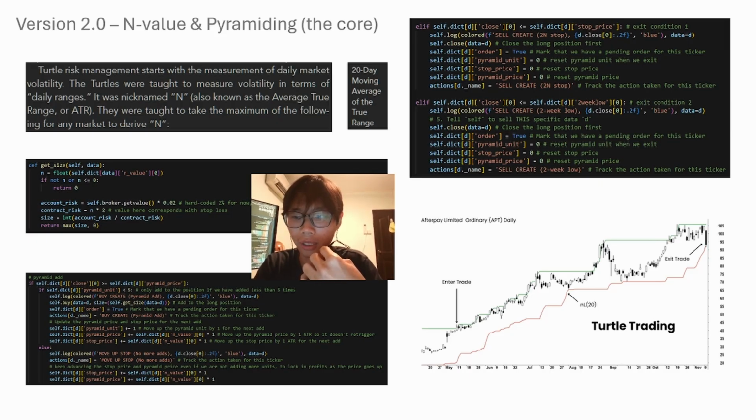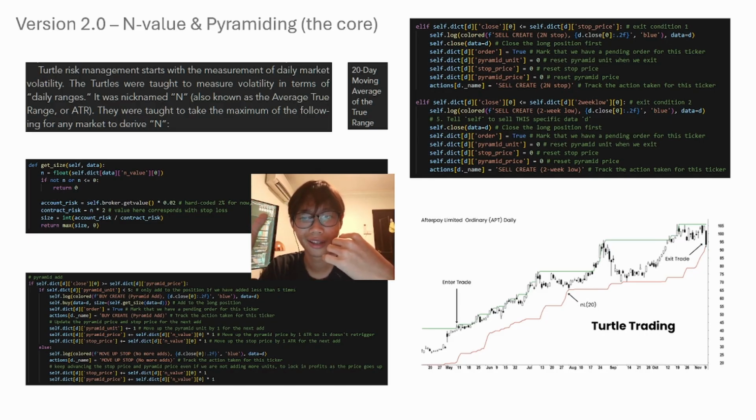Then we get the number of shares to buy by dividing the account risk by the contract risk. So like 20k divided by however much N times 2 is. Now the problem is that in the book, N is the actual stock's price or the futures price. Okay, this part I'm not quite sure, but it's a lot higher, so the N value is much higher.